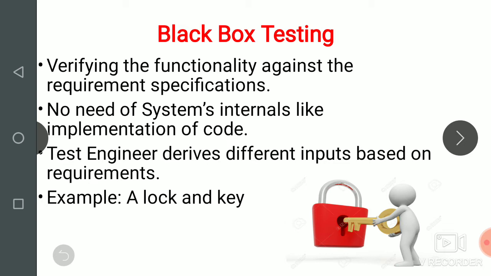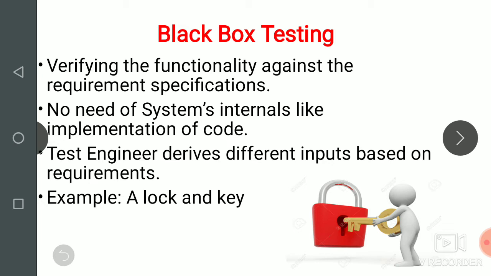Here the example is a lock and key. All of you know the lock and key. You can see in the image, we do not know how the levers in the lock work, but we only know the set of inputs, that is the number of keys, specific sequence of using the keys, and the direction of turn of key, and the expected outcome, whether locking or unlocking.